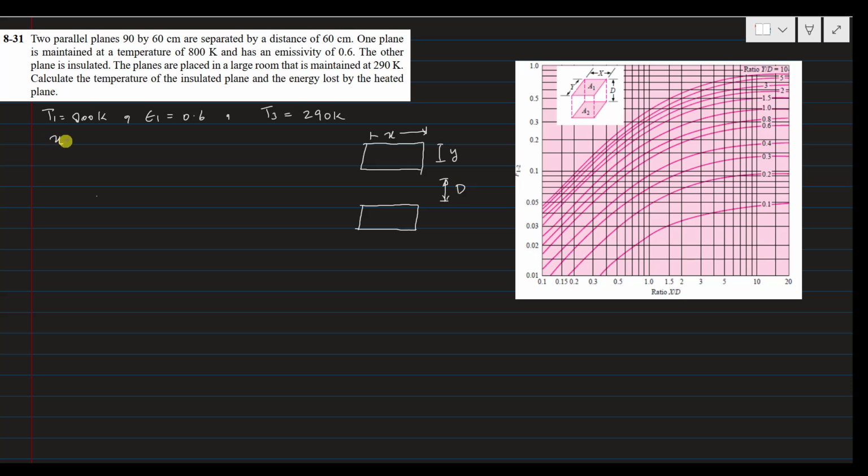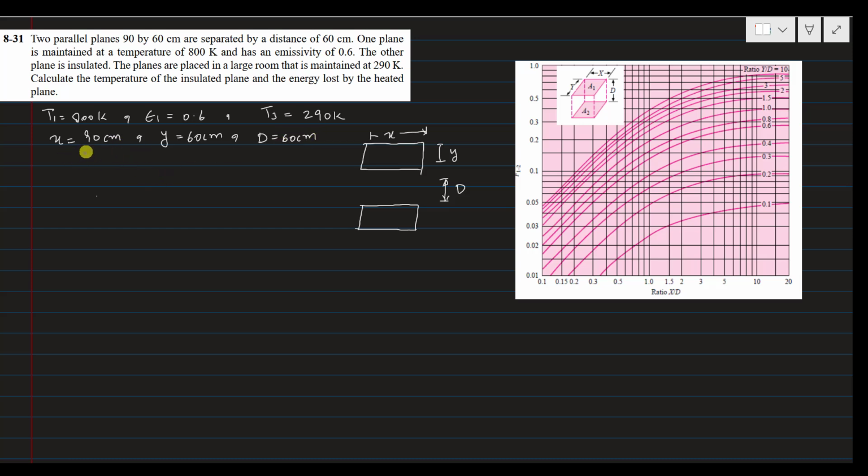Let's say the x value of one plane is 90 centimeters, the y value is 60 centimeters, and the distance between these two planes, d, is 60 centimeters.